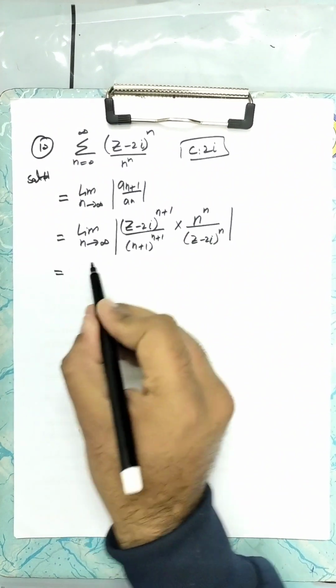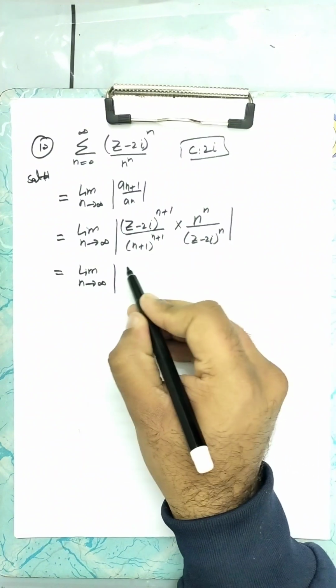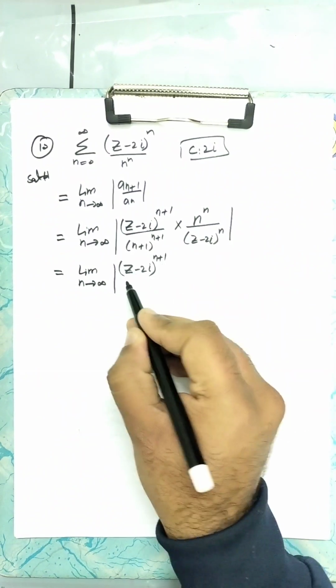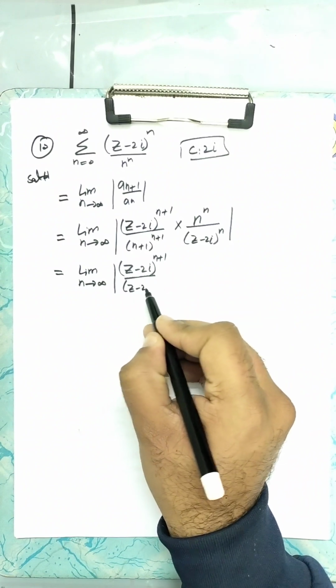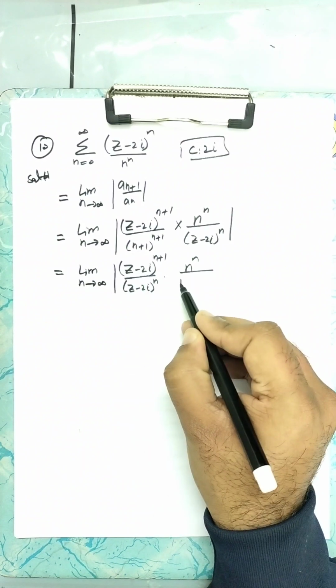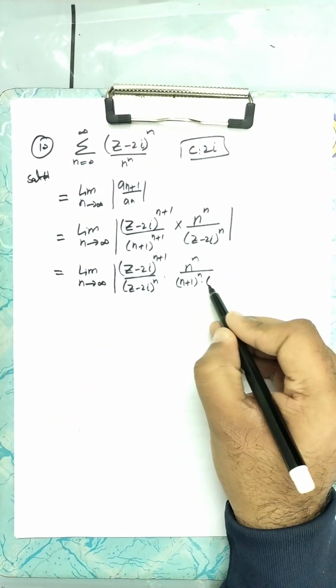So we simplify these terms, so this becomes z minus 2 iota to the n plus 1 over z minus 2 iota to the n, and n to the power n over n plus 1 to the power n, times n plus 1.